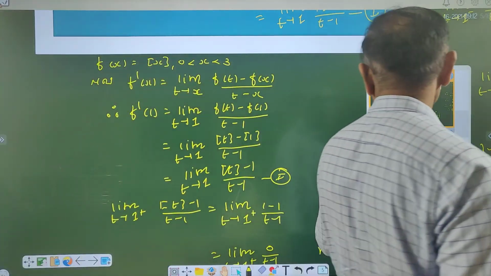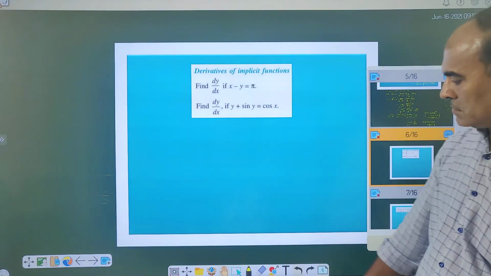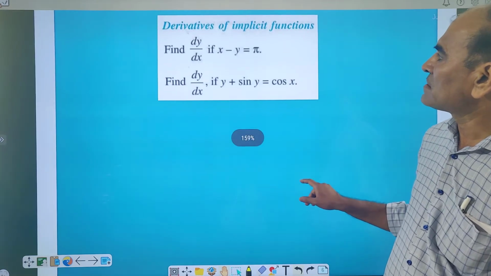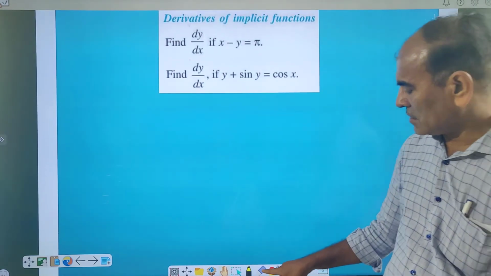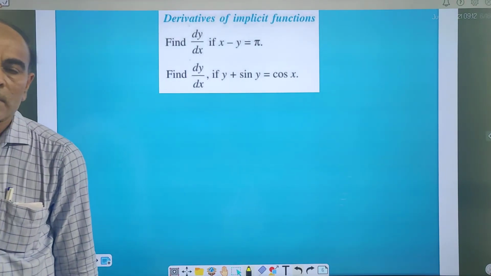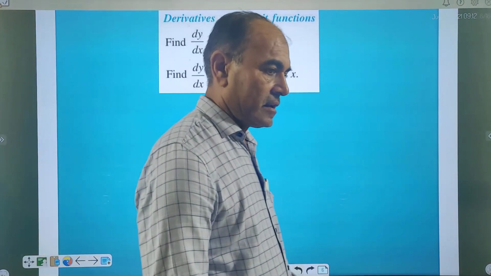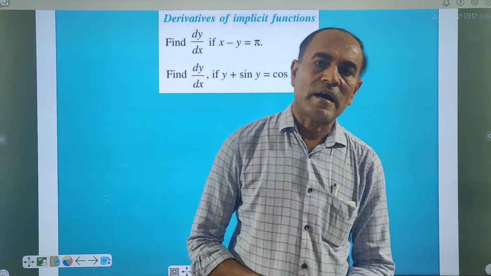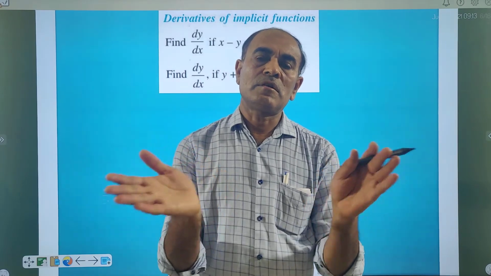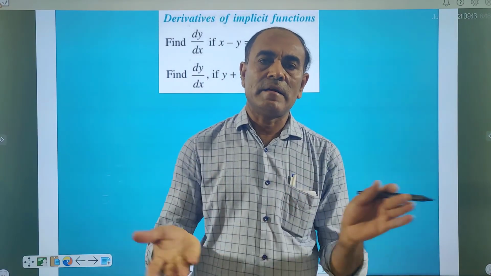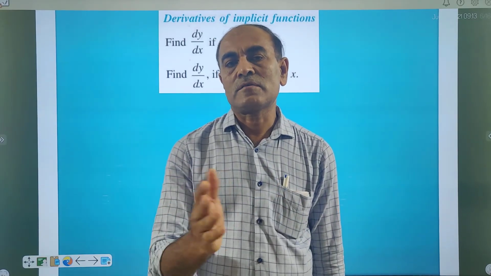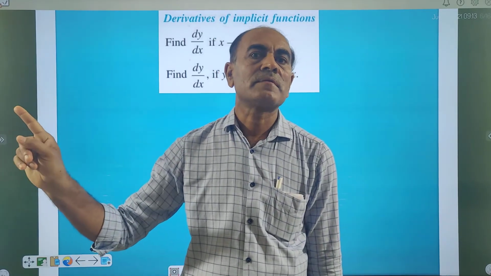Next one. See, what is given? Derivative of implicit function. One thing: what is meant by implicit function? See, x square plus y square is equal to r square. It is not easy to make y the subject, because if we take y square is equal to r square minus x square, then y is equal to plus or minus.